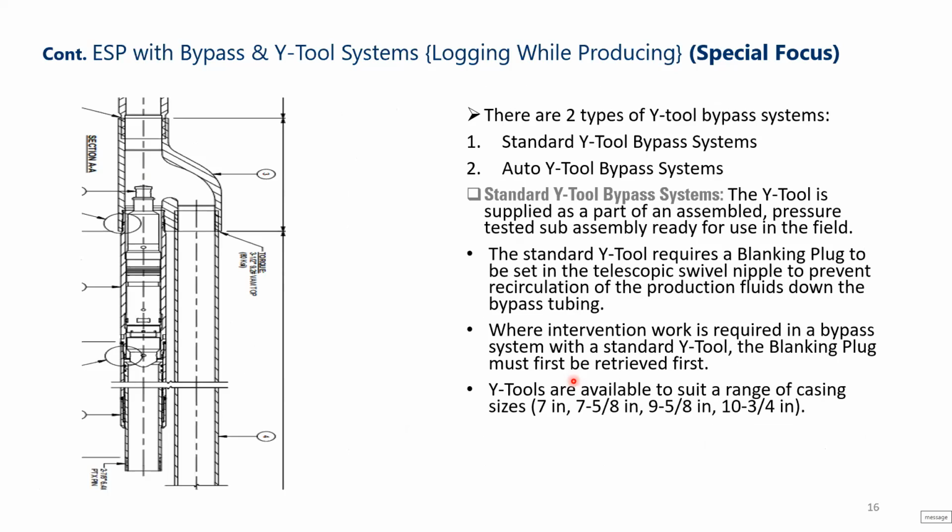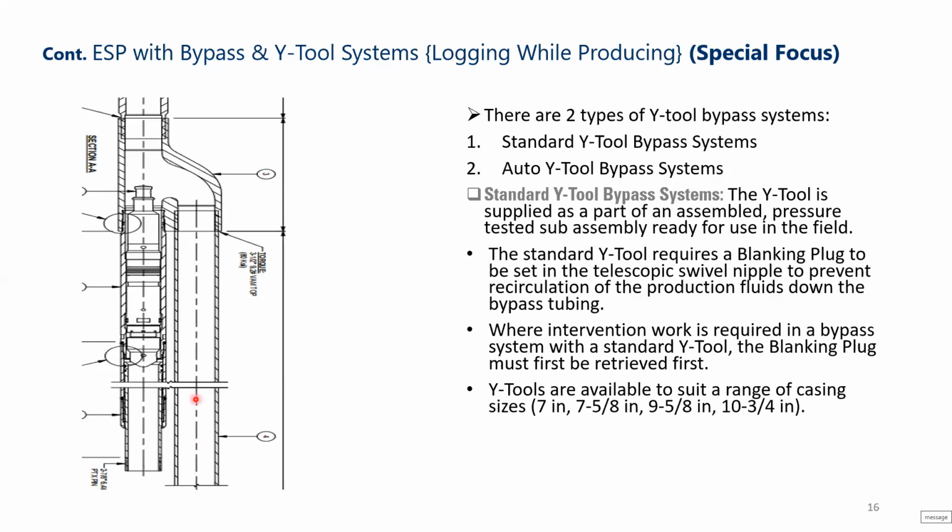A standard Y tool system comes with a profile that will have a plug that you need to run into it to close it, because once you're producing, as I've explained earlier, the ESP will be on the side that is offset to the production tubing, which is here where I hover the mouse.